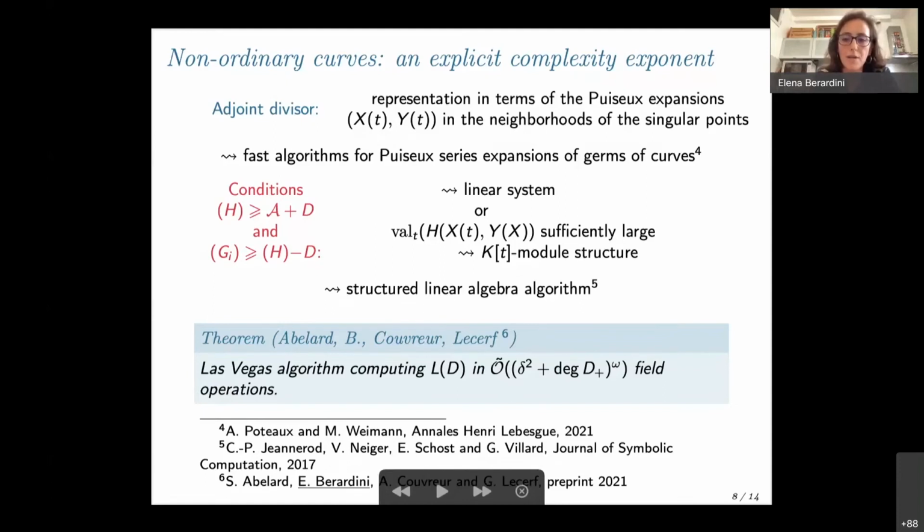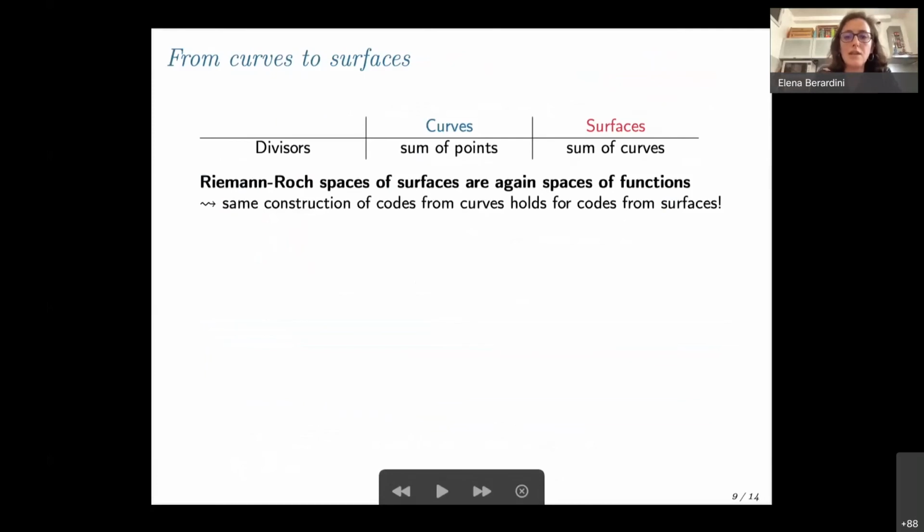And so I will just end my talk by telling you what happens if you want to pass from curves to surfaces. The main difference here is that divisors are no longer sums of points, but sums of curves. But Riemann-Roch spaces are again spaces of functions, and so you can construct AG codes exactly as in the case of curves.